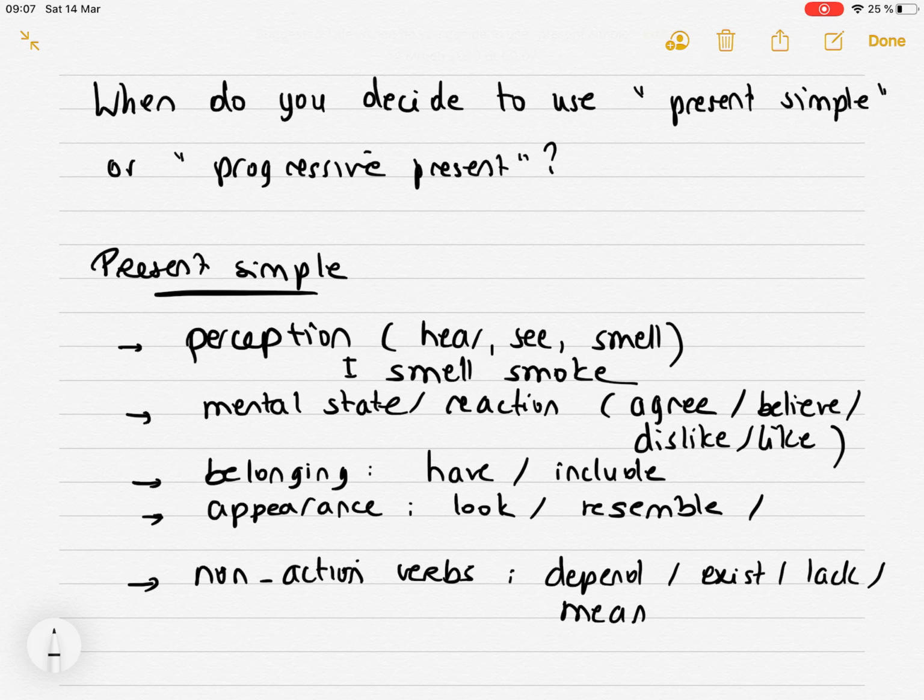When you use those verbs, they are just descriptive verbs on relations between things, but not necessarily action. So you would use the present and say it depends on the situation, or dinosaurs exist. Well, actually they existed, but you would have to use another example. You would say birds exist, right? So it's almost like a fact. Because they're non-action verbs, then you would use the present simple.